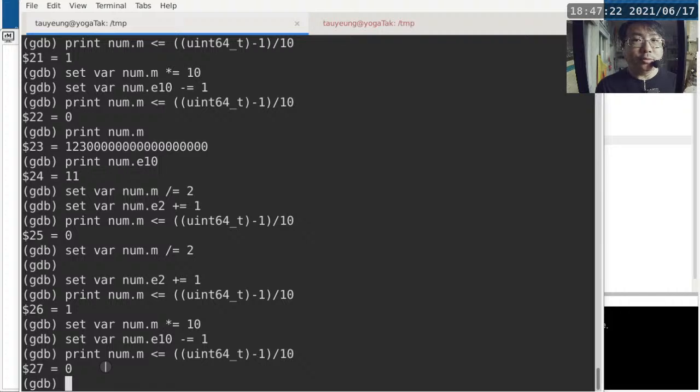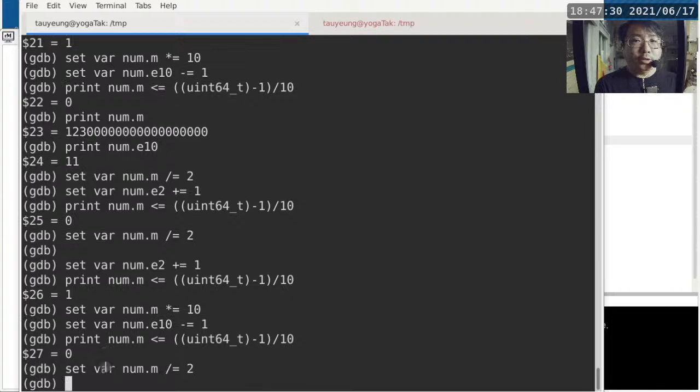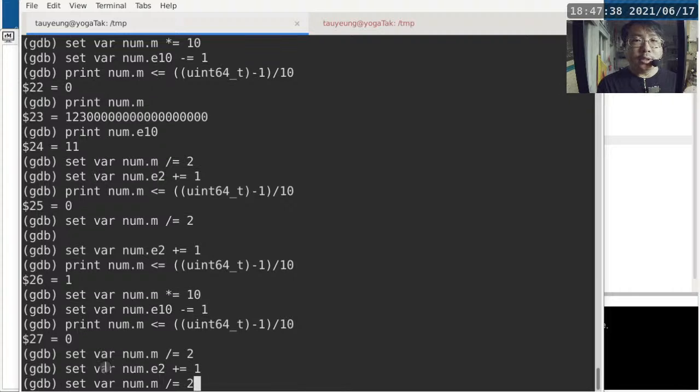So we can't do it. So now we have to divide m by 2 and then increase e2 by 1. And then we can test to see if there's room for another multiplication by 10.